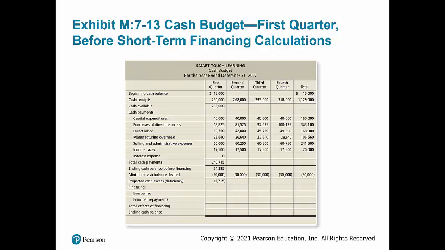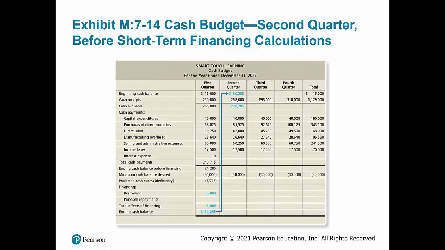So Smart Touch Learning's management would have to borrow the amount that would be needed to maintain the minimum cash balance desired. Smart Touch Learning's management has a credit already set up to borrow in $1,000 increments at the end of each quarter. So on this slide we see where Smart Touch Learning would borrow $6,000 to meet the cash deficiency of $5,715. $715 projected for the first quarter.